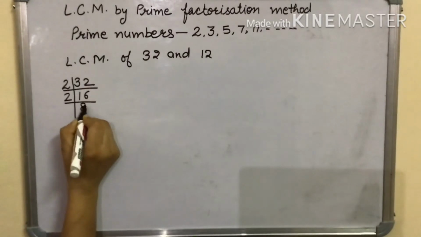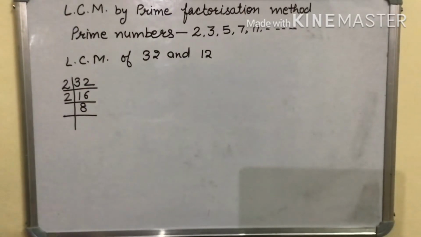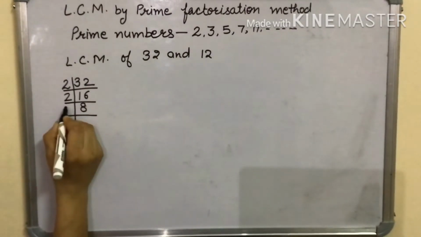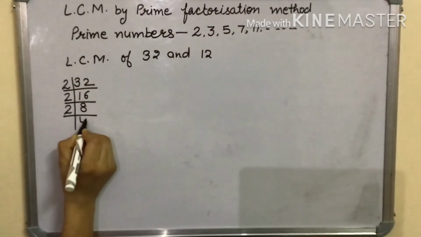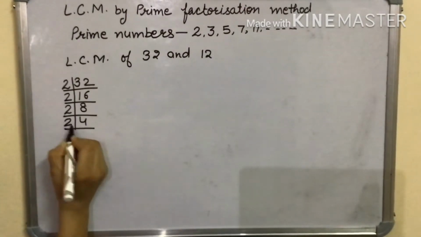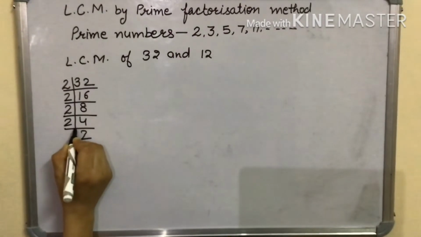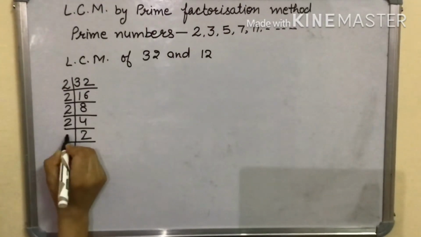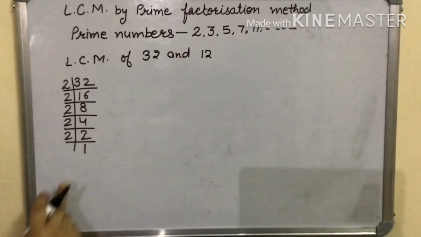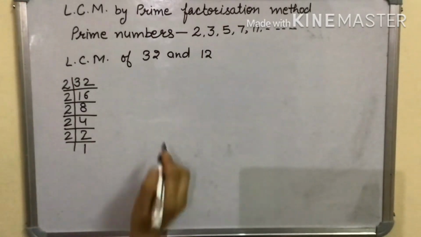We get 8. After that 8 is also divisible by 2. We get 4 and it is also divisible by 2. We get 2 and 2 is divisible by 2. At the end we get 1.